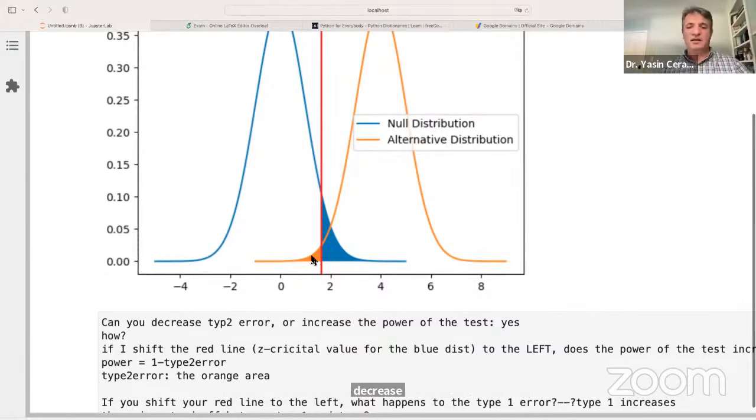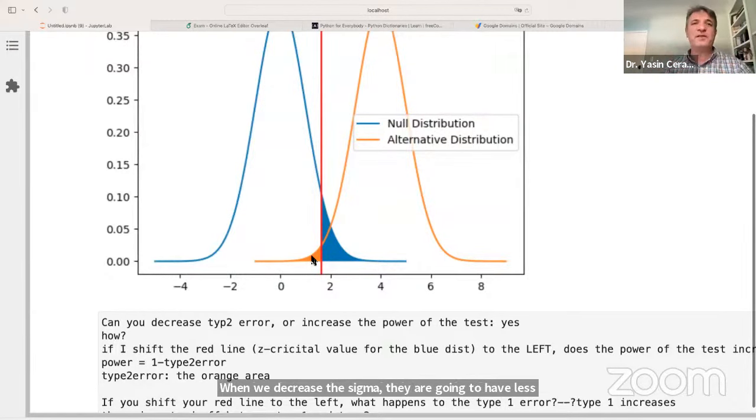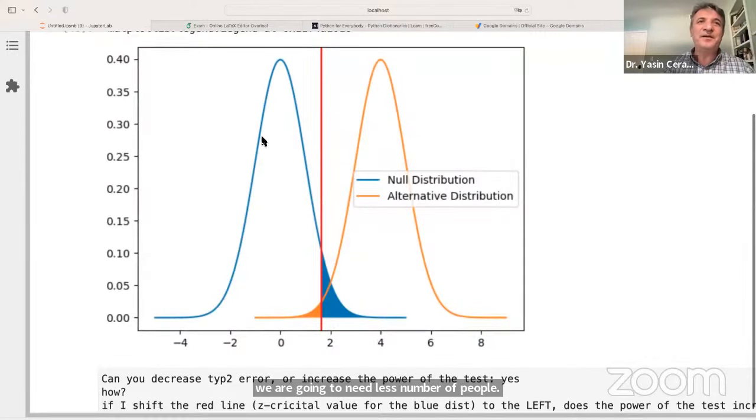Another thing is when we decrease the sigma, we are going to need fewer people. Again, sigma is representing how the distribution is spreading around the mean, right? So again, just think about it.